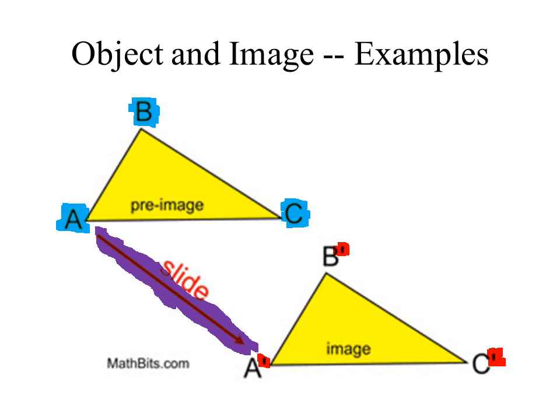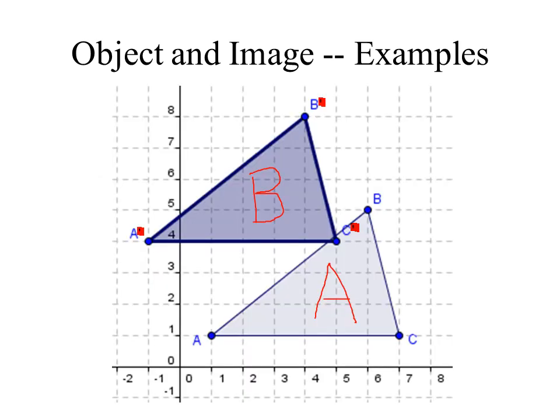How do we know, though? Well, there are 2 things in this picture that help us determine which is the object and which is the image. First of all, the arrow, which is highlighted in purple. Here we have another one. Now, we don't have a triangle, but we do have one of those other indications. Again, I have highlighted it in red.